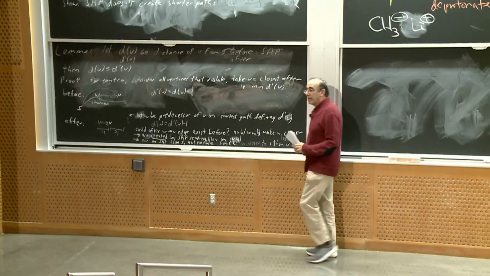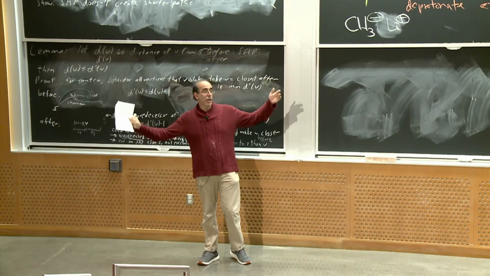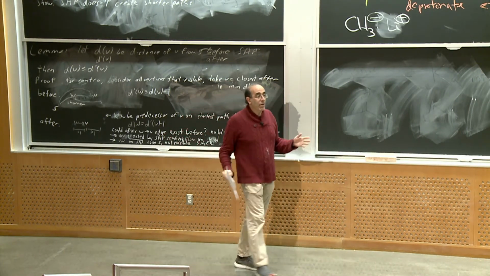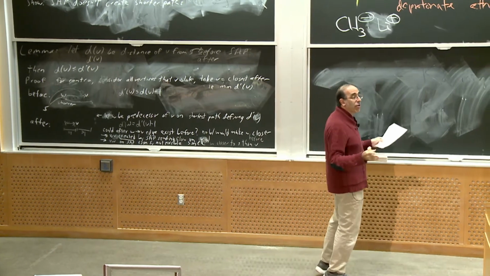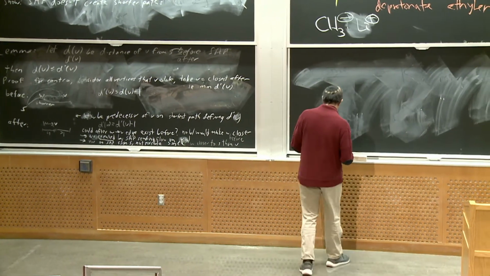So if no vertex is getting closer to S or T, that in particular means that S and T aren't getting closer to each other, right? But now we need to show that they get farther apart over time, right? We don't want to be doing this forever.